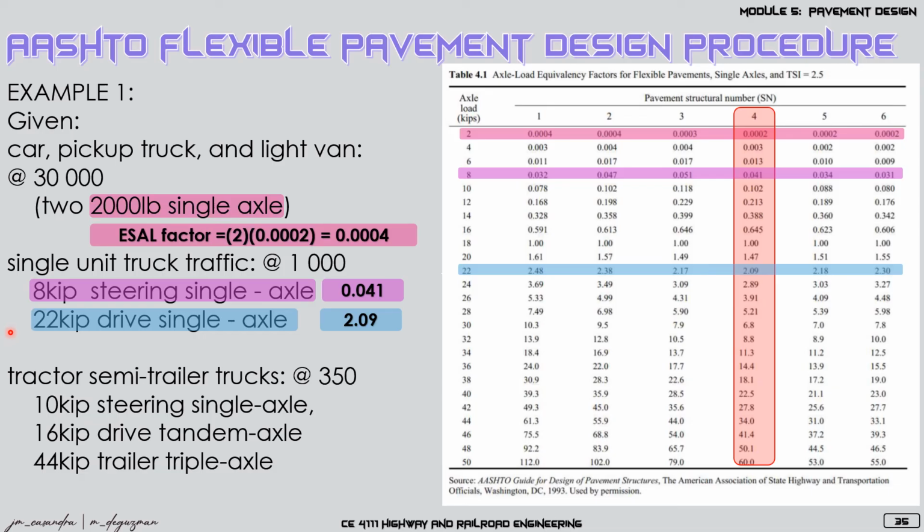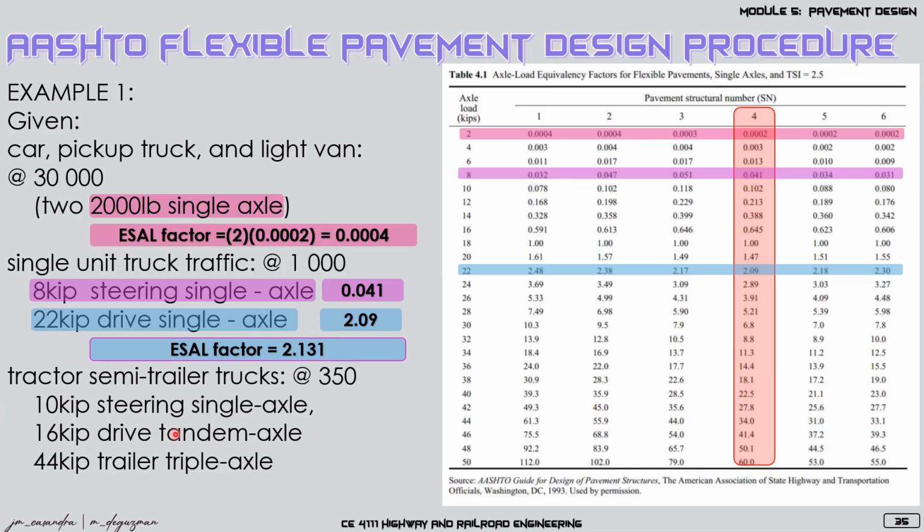So adding up the factors for our truck, that will simply be 0.041 plus 2.09, which is equal to 2.131.